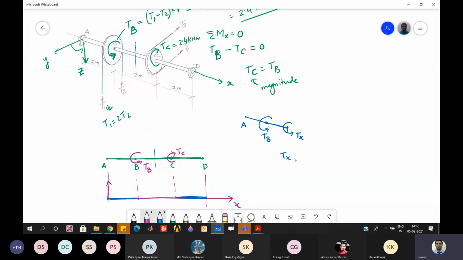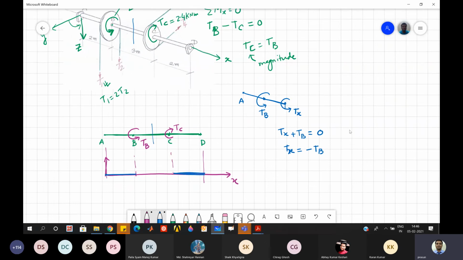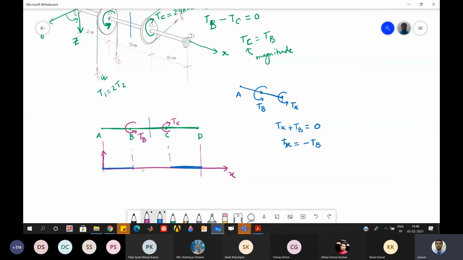Tx plus TB should be 0, so for equilibrium Tx should be negative of TB. It has the same magnitude, but the sense is negative. So you can draw this diagram in this way, and this magnitude is minus 2.4 kilonewton meter.